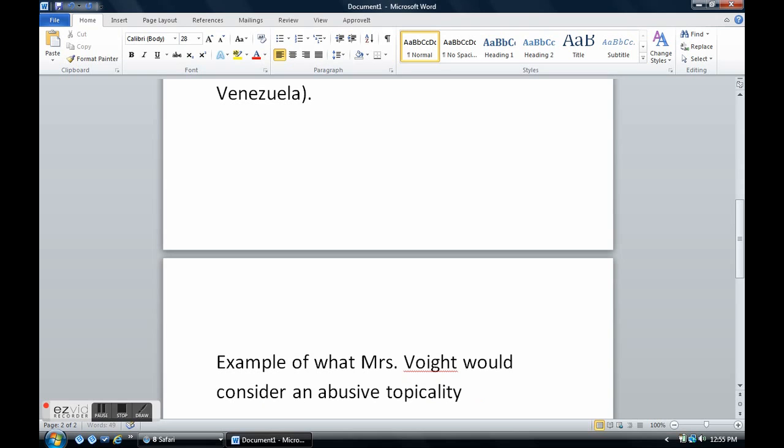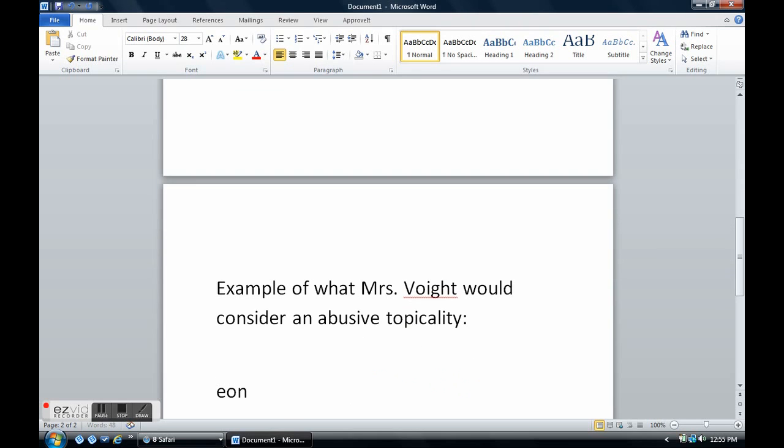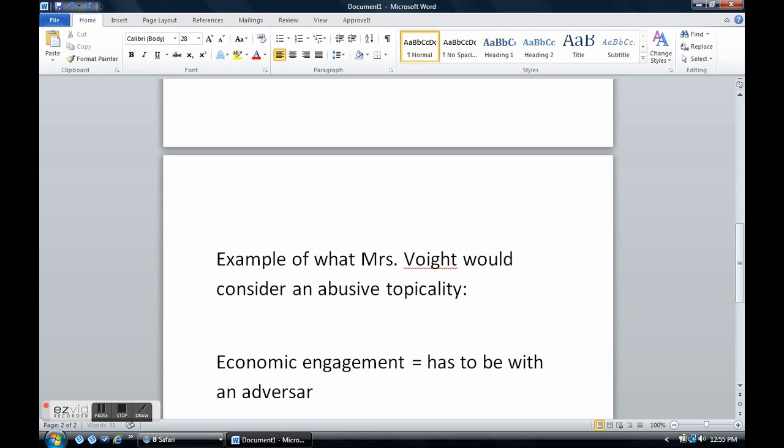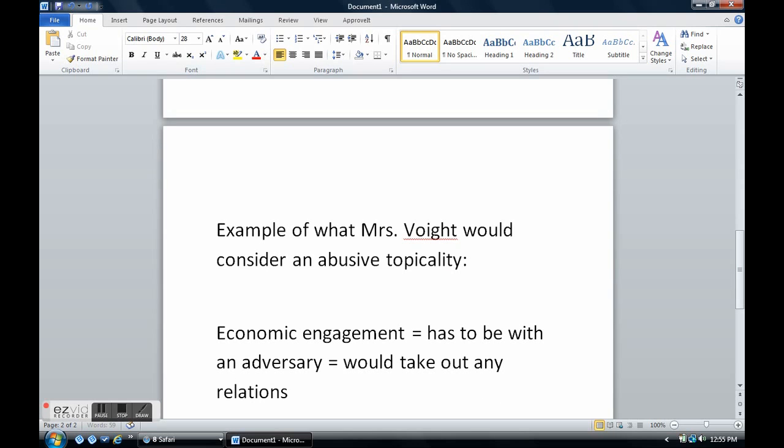You are not to do something like this, because the argument would say that economic engagement has to be with an adversary based on that definition, which might seem legitimate at first, but Mexico is a key component of the resolution, and that would completely disallow any case dealing with Mexico, which seems to be in direct violation with the resolution.